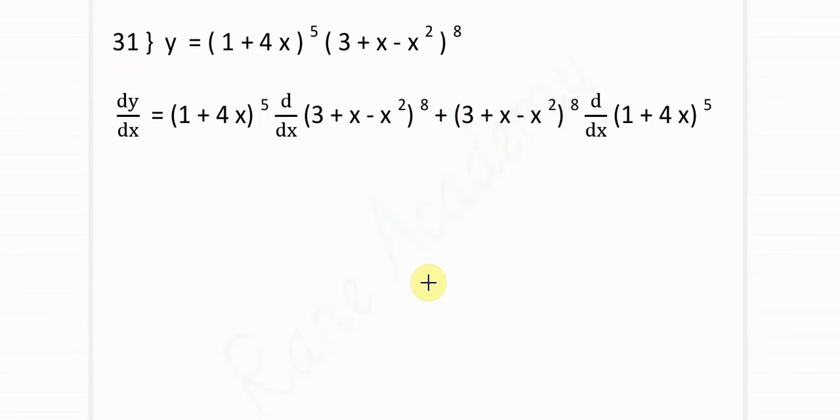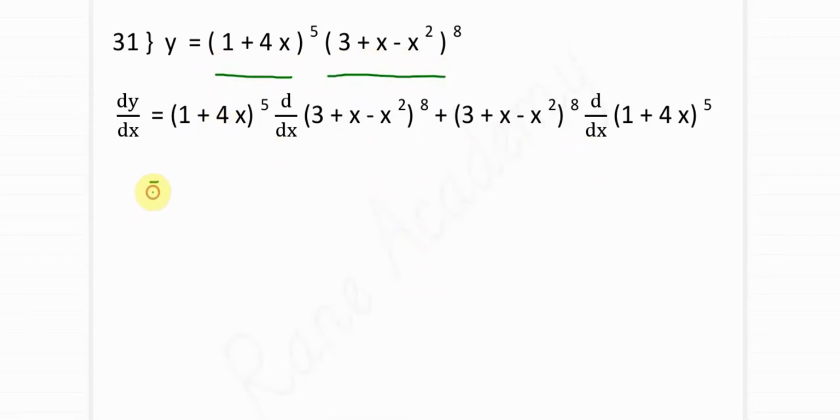Question number 31, y equal to (1 plus 4x) whole raised to 5 into (3 plus x minus x square) whole raised to 8. Here we have two functions, the first function and second function. Now we are going to apply product rule. You keep the first function as it is, differentiate the second function, then write the second function as it is, differentiate the first function.